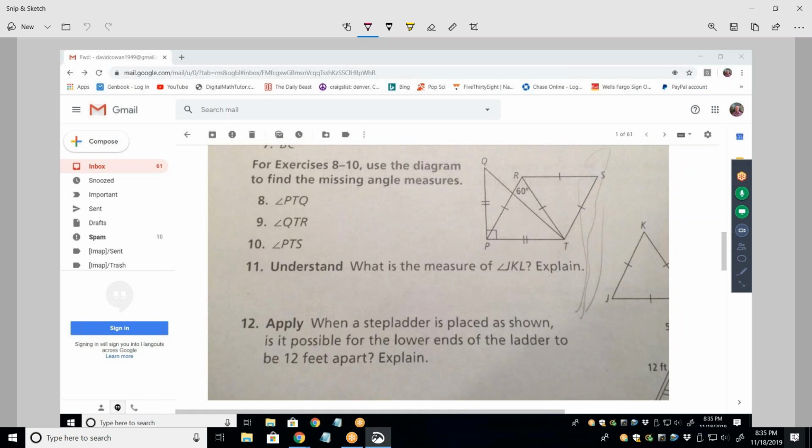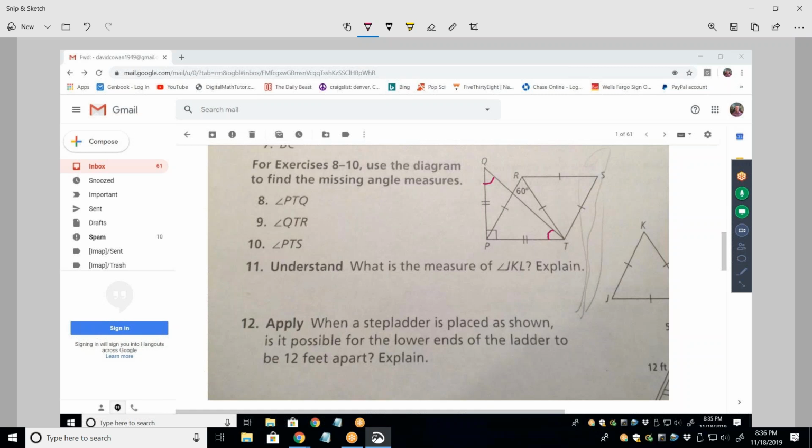Isosceles, yeah. So since it's an isosceles right triangle, angle Q, this angle right there, has to be the same as that angle right there. So what is the measurement of each of those?